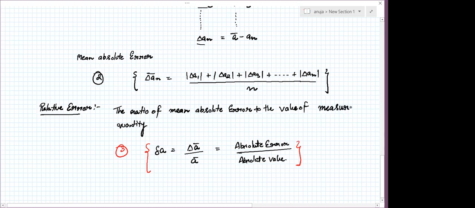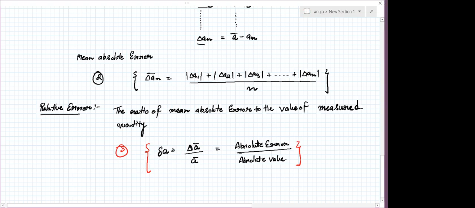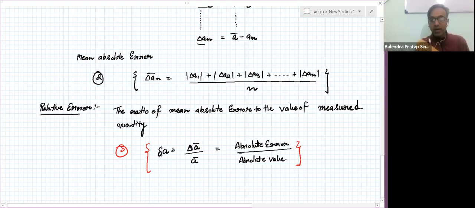This is small delta, and this we call capital delta. This small delta A shows the relative error, which is equal to absolute error divided by absolute value.